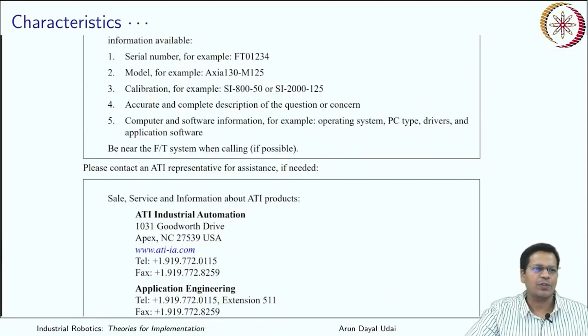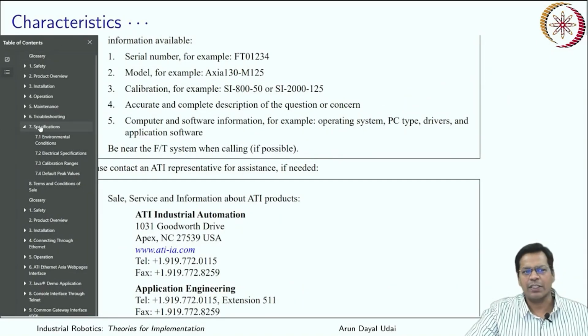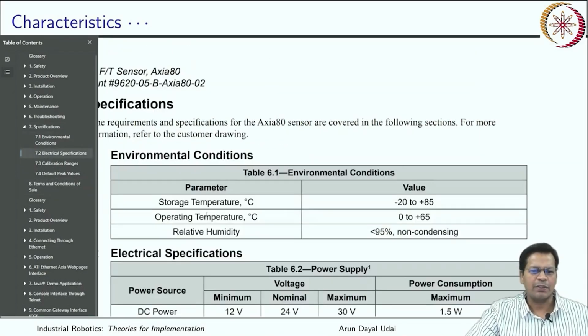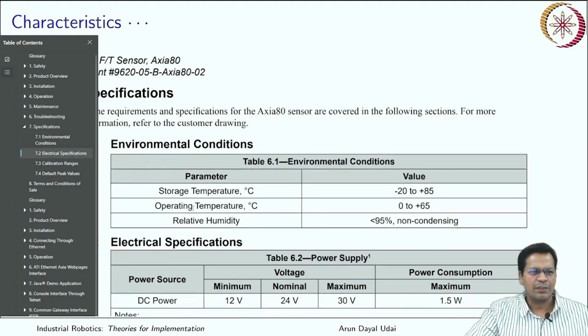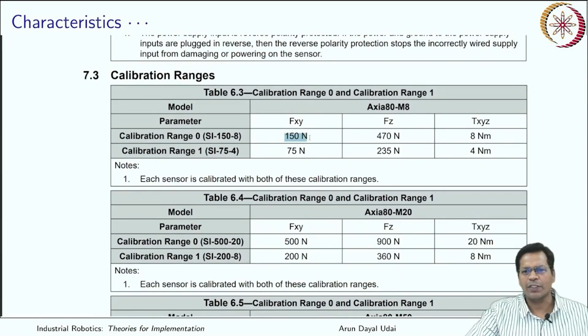This is an ATI force-torque sensor. There are many parameters a data sheet can give. A very important one is the electrical parameter, which is here. You see it can measure around 0 to 150 Newton along different axes. This is a 6 degrees of freedom sensor. Force and torque along all the axes x, y, z: Fz is this.